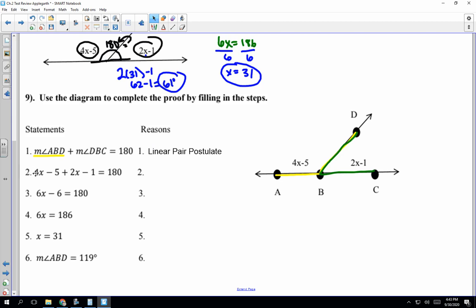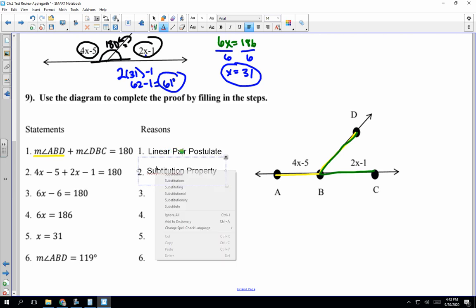So now we got 4x minus 5 plus 2x minus 1 equals 180 degrees. What do we call it when we take out something and replace it with something that is equivalent? Oh, we call that substitution property.